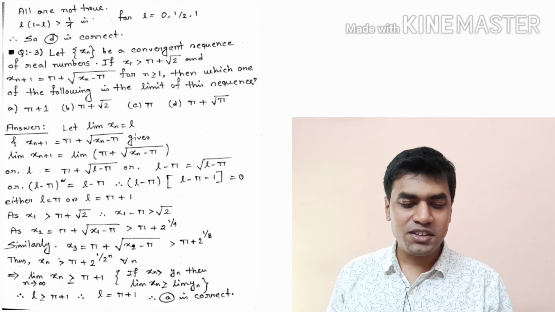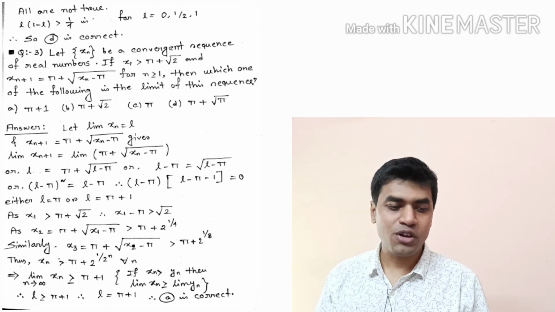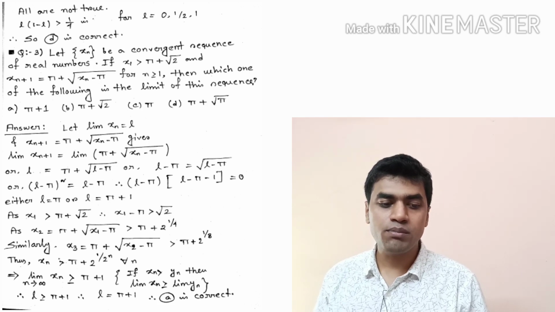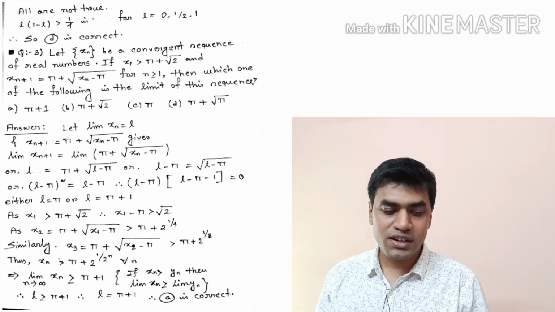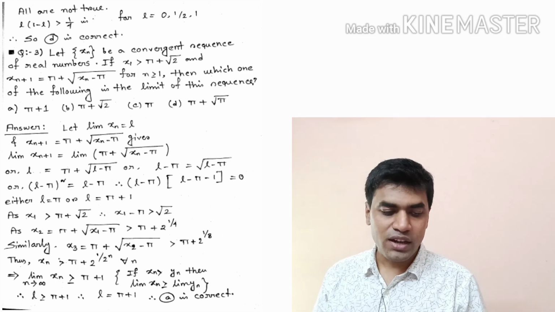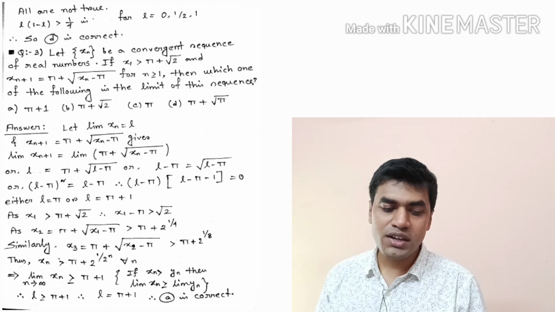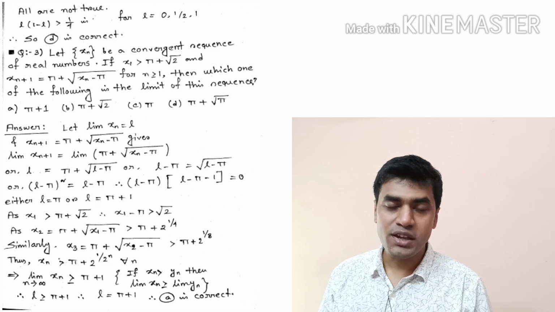As x1 > pi + root 2, we are getting from the possibility that x(n+1) = pi + root(xn - pi). Now as x1 > pi + root 2, x1 - pi > root 2, that is, x2 = pi + root(x1 - pi) > pi + 2 to the power 1/4.